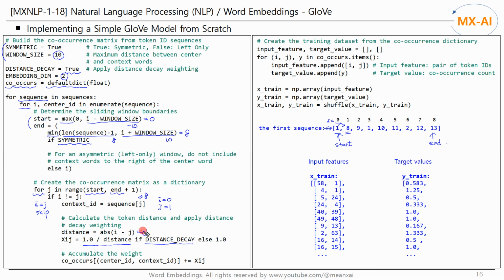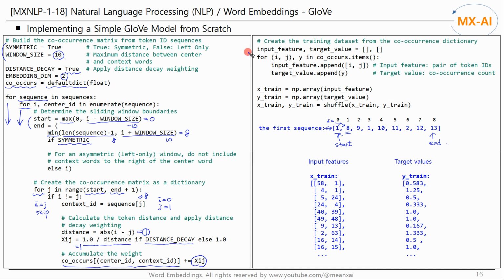Because the distance is 1, the weight is simply 1. Finally, we add this weight to the corresponding entry in the co-occurrence dictionary. Repeating this process for every sentence in the corpus completes the construction of the co-occurrence dictionary.